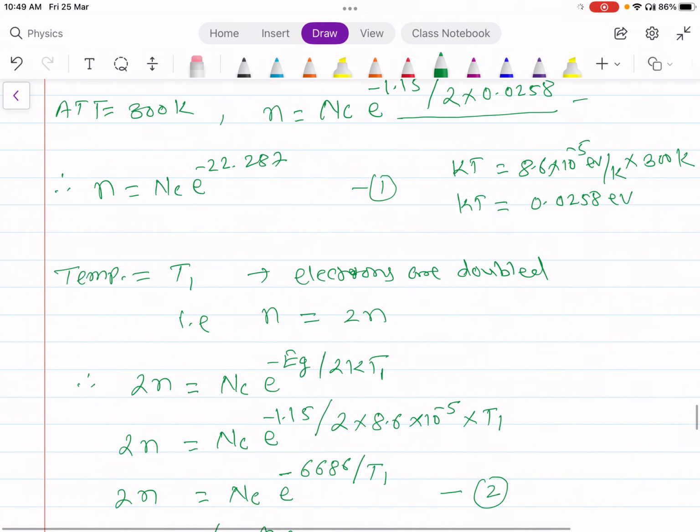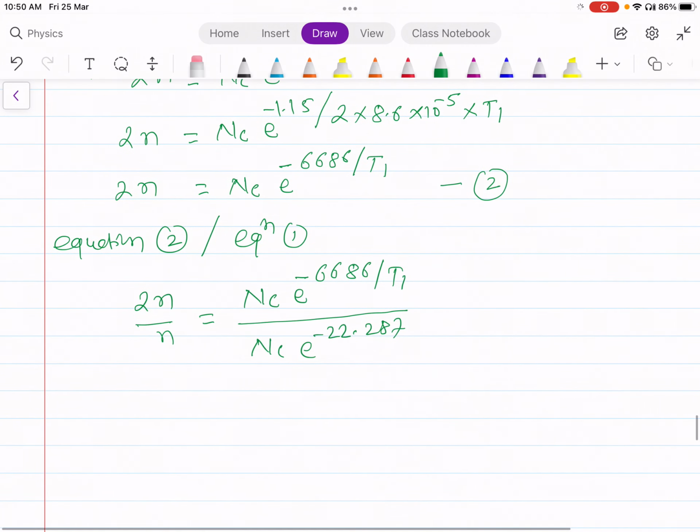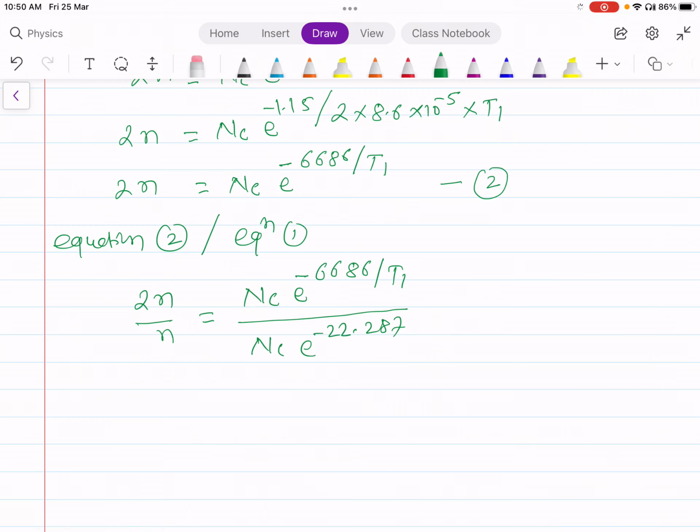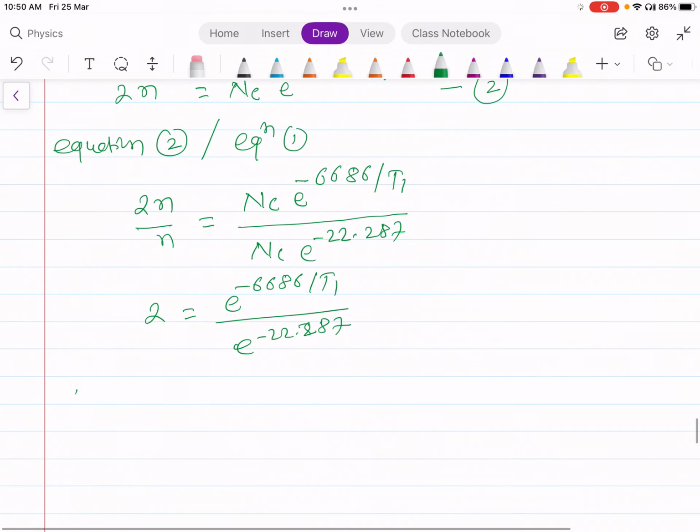That is the equation 1. So this is nothing but 2 equals e raised to minus of 6686 upon T1 upon e raised to minus of 22.287.